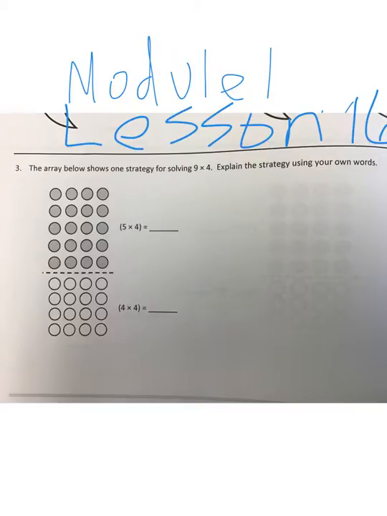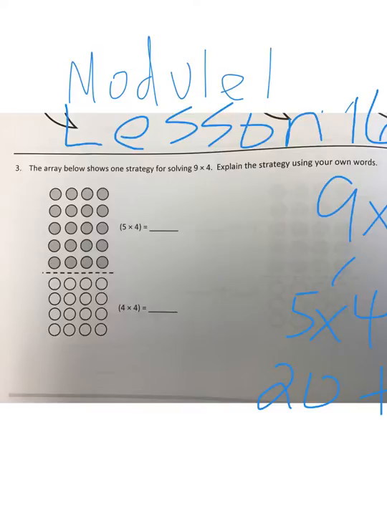And the distributive property says when you take 9 times 4, you break it up, or distribute, into 5 times 4 and 4 times 4. So 5 times 4 is 20, 4 times 4 is 16.